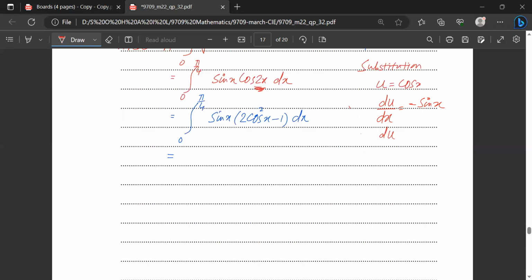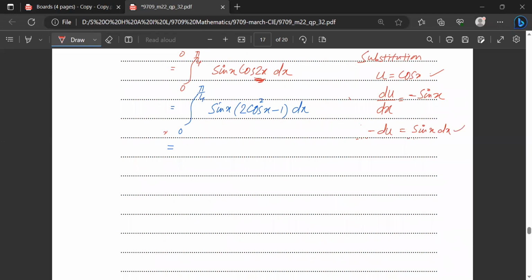So I can write minus du is sine of x dx. So for sine of x dx, you can write minus du.